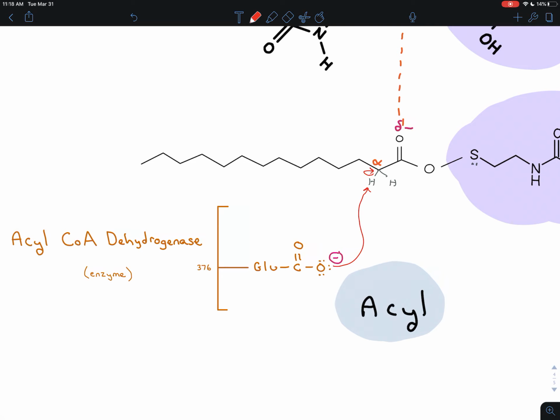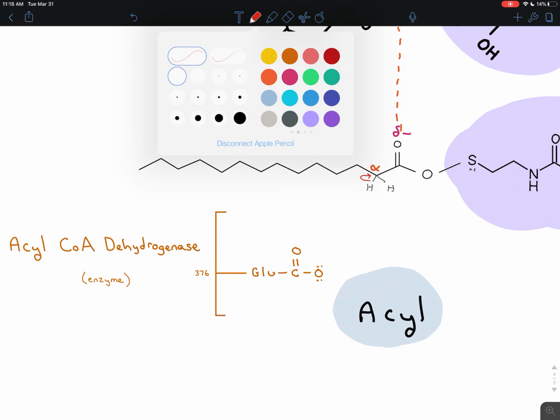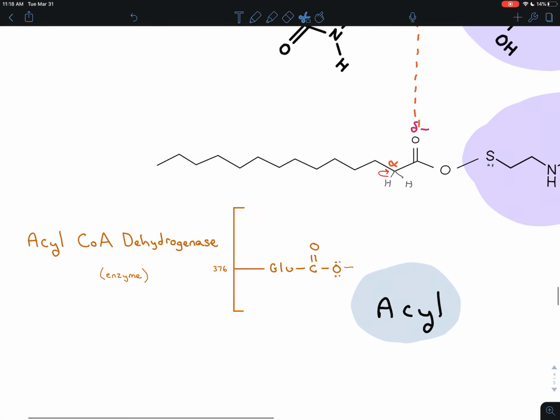So those electrons can snap back onto the alpha position. Let me just draw that a little more clearly. So those electrons snap back onto that alpha position. And so here, this charge is going to go away. Those lone pairs are going to become a bond to this hydrogen.